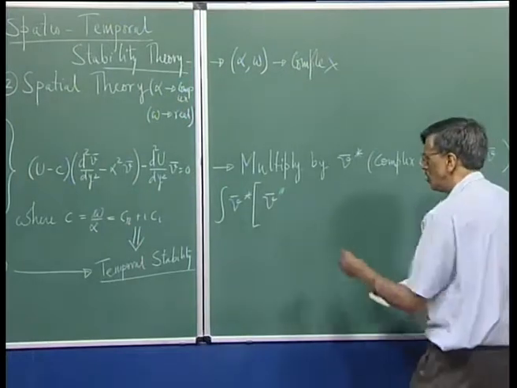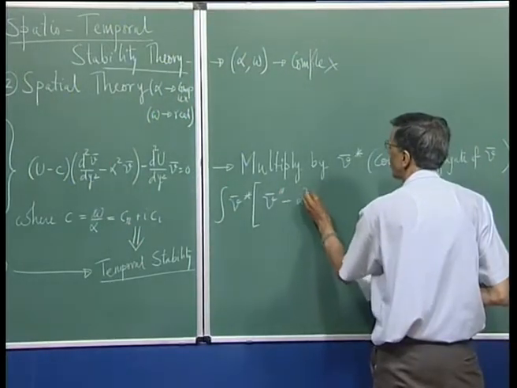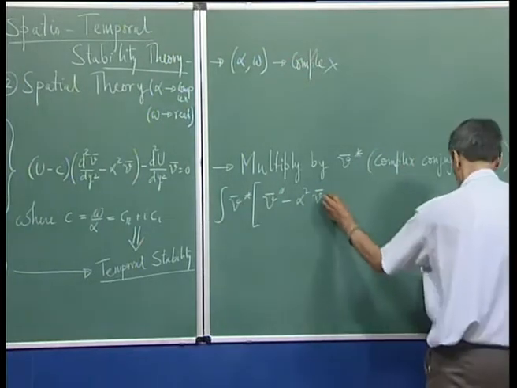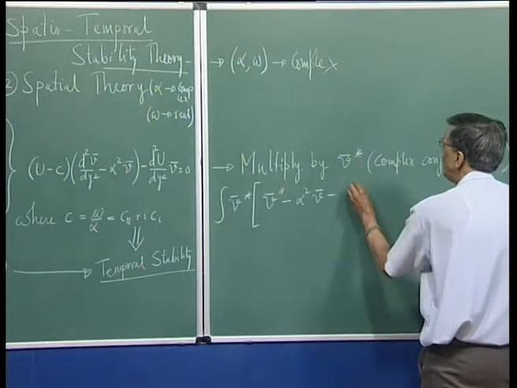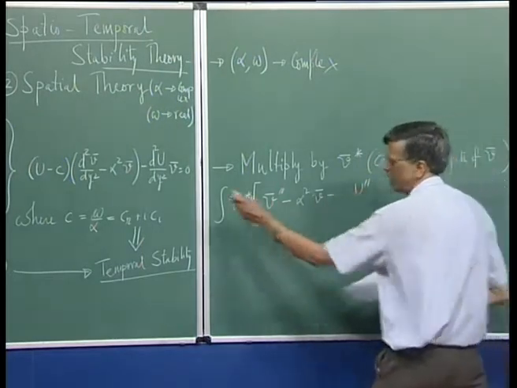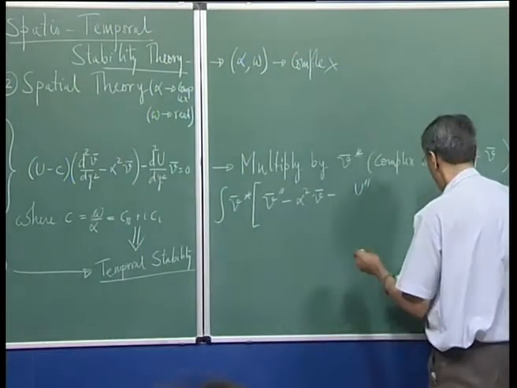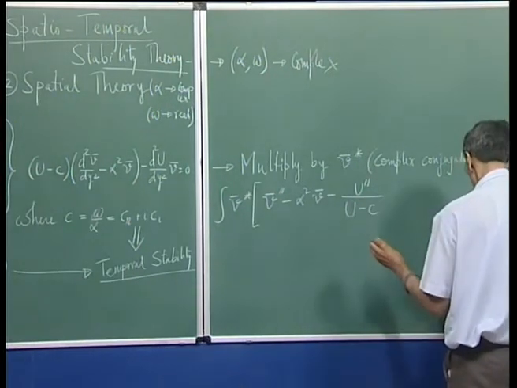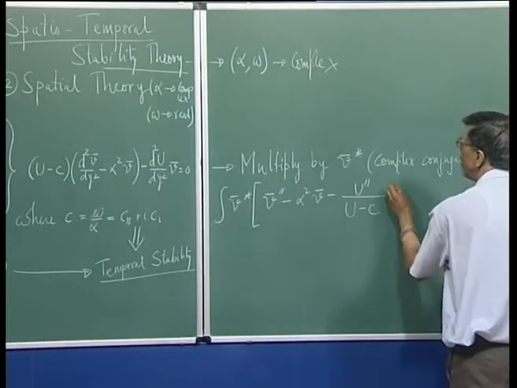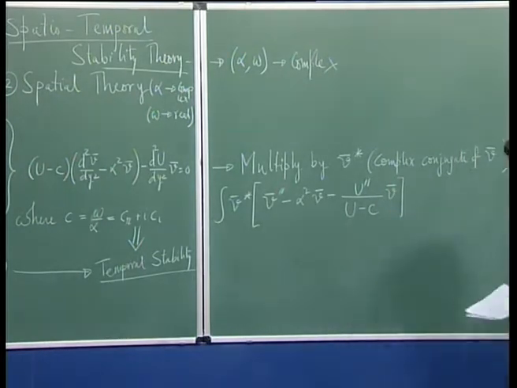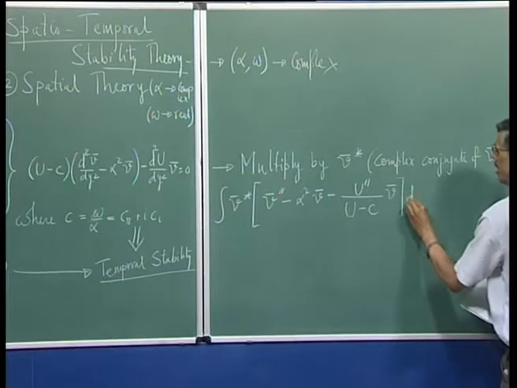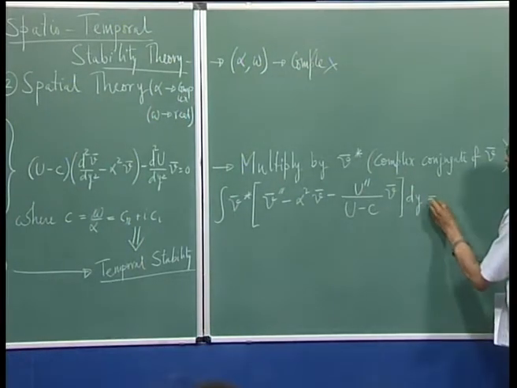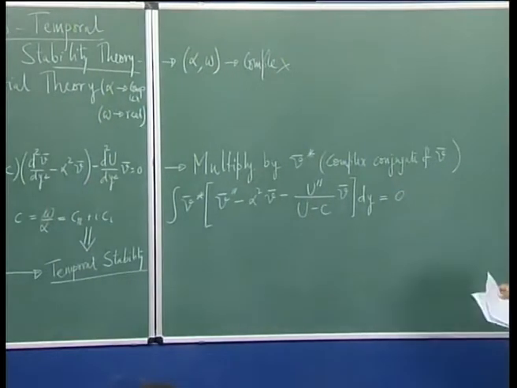Then I have alpha squared V bar, and then I have this quantity U double prime, divided by U minus c and multiplied by V bar, and we are going to integrate over all possible range of y.